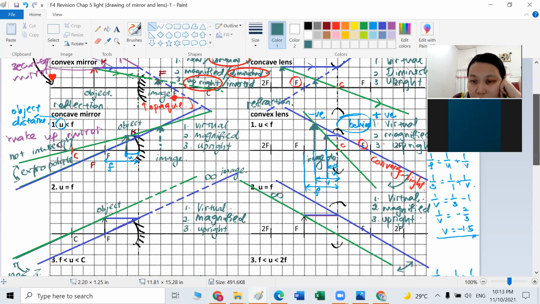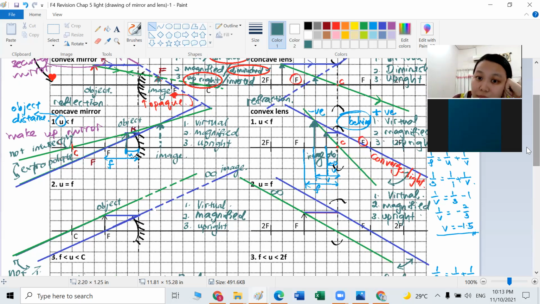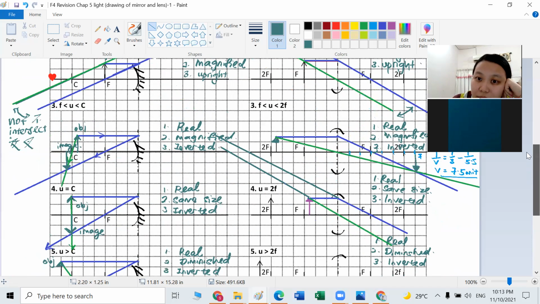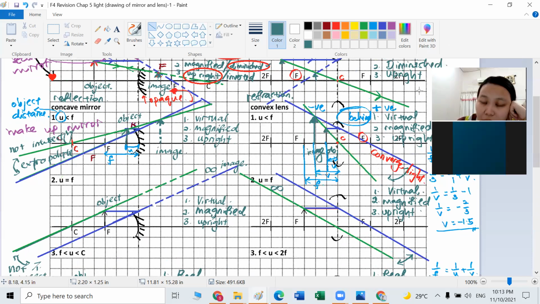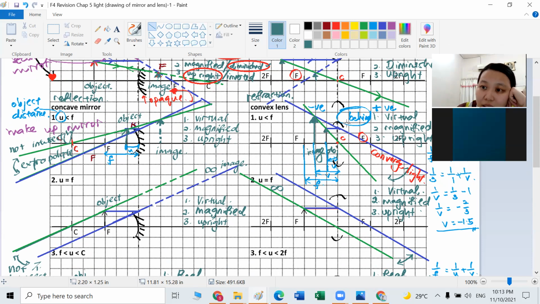Close to the lens, the angle makes it enlarge only a little bit. So this object distance affects the image distance. So it doesn't really matter whether V is bigger than F or not. At SPM stage, they just want you to tell whether the image is magnified or diminished. That's it.